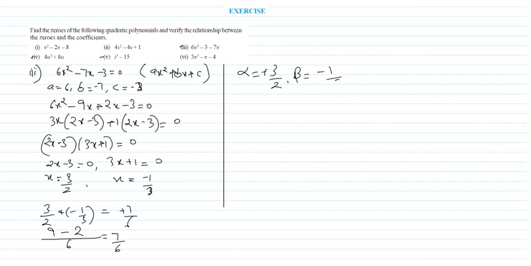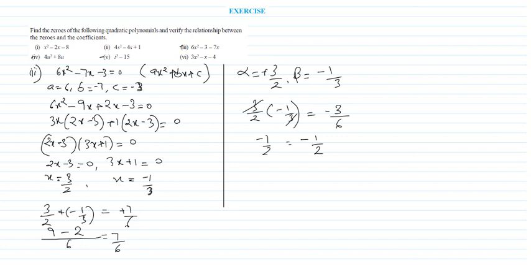So alpha beta is 3 by 2 into minus 1 by 3, that should be equal to c upon a, and c here is minus 3 and a is 6. Okay, and 3 will get cancelled out, so it will be minus 1 by 2, and here again it is minus 1 by 2. So we have clearly verified that the sum of the roots and product of the roots are the same.